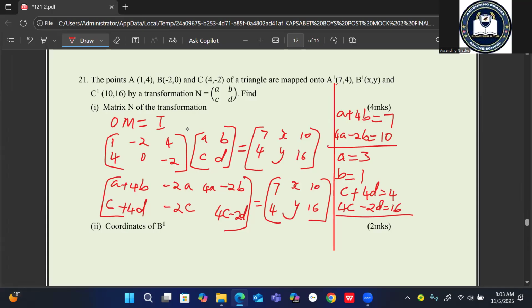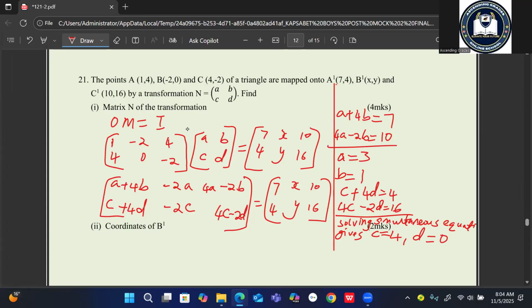When solving the simultaneous equations, because we don't have the space, it gives that C is equal to 4 and D is equal to 0.